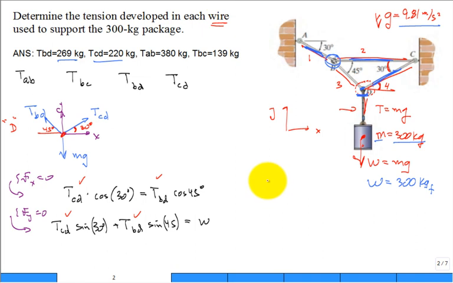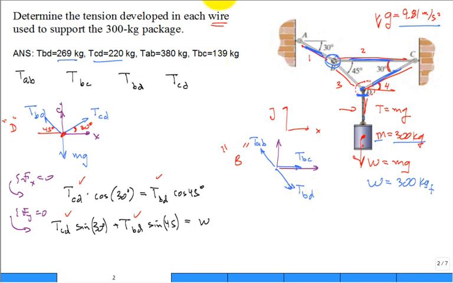You come in and you have now the ring at B. Have a little coordinate system, X, Y. You're going to have the tension A to B, the tension B to C, and the tension B to D.